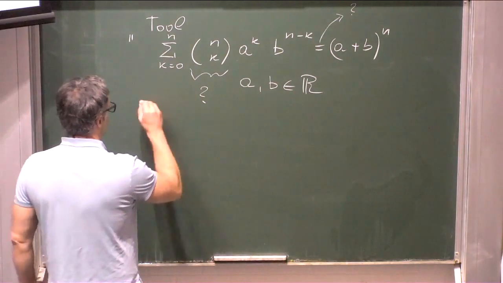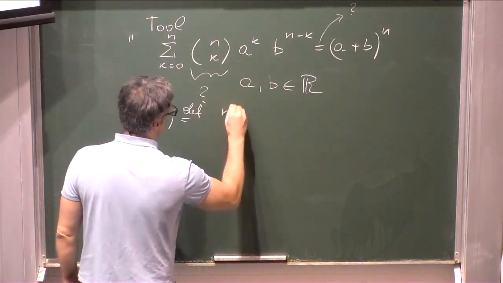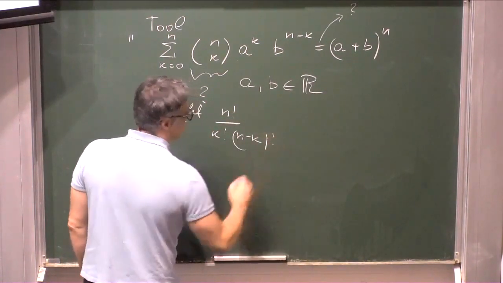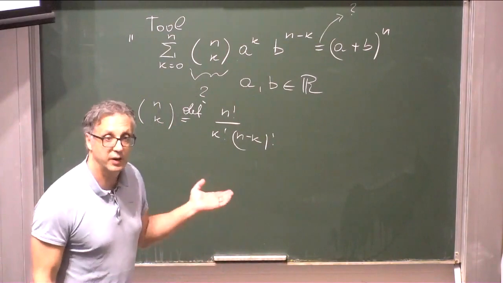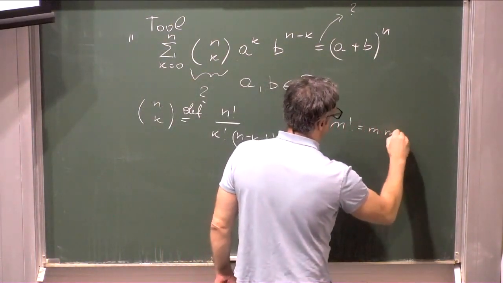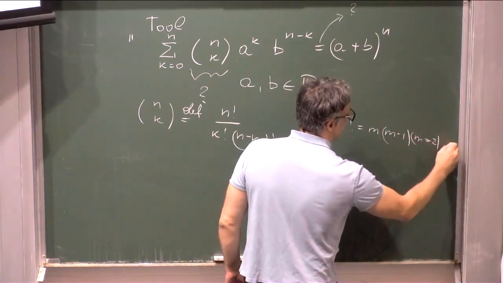First of all, the very definition of n choose k is n factorial divided by k factorial times n minus k factorial, where the factorial symbol simply means m times m minus 1, m minus 2, and you keep going until you reach 1.